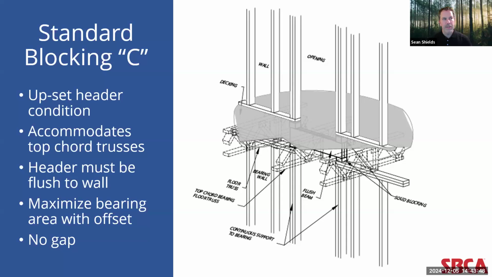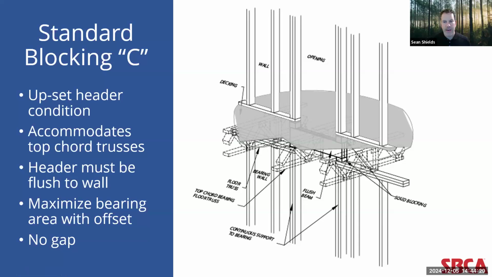When you think about that header material, if it's made out of 2 plies of LVL, and you lined those 2 top cord bearing trusses up, each one would be sitting on just 1 3/4 inch bearing area on 1 ply, and you basically have forces trying to pull that header apart. So again, not optimal from a design and performance standpoint. The truss designer may typically opt to offset those floor trusses.